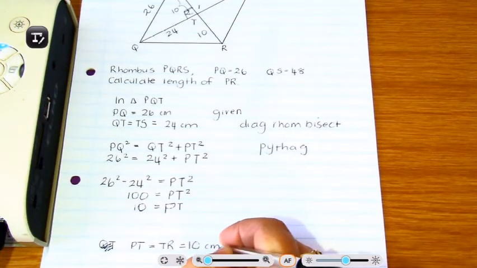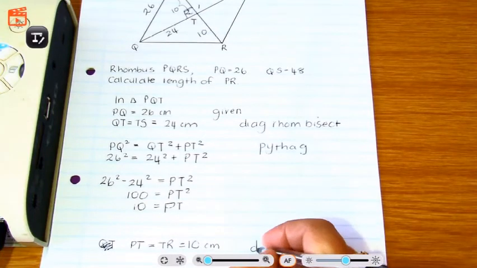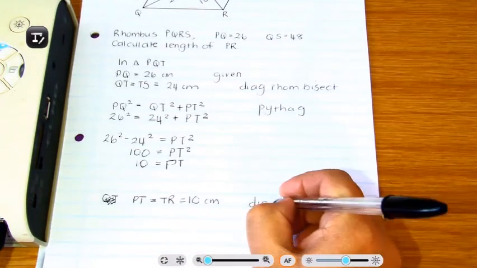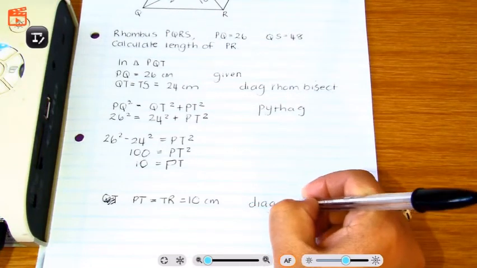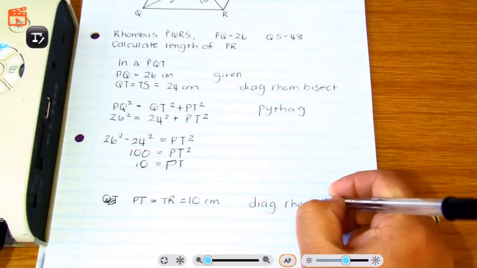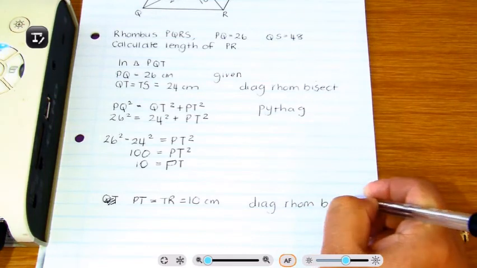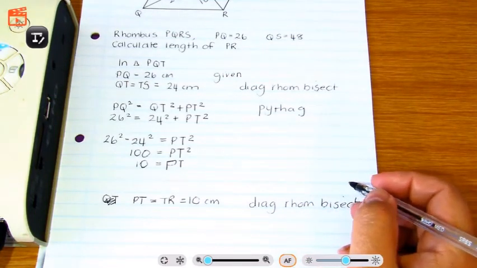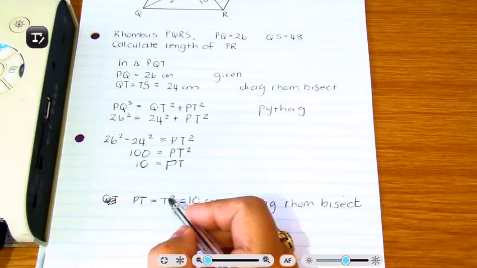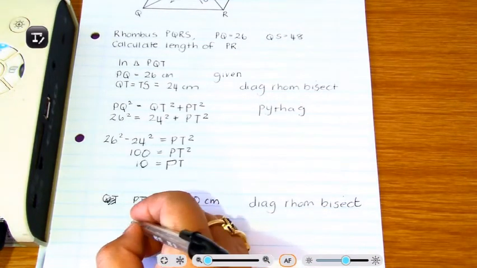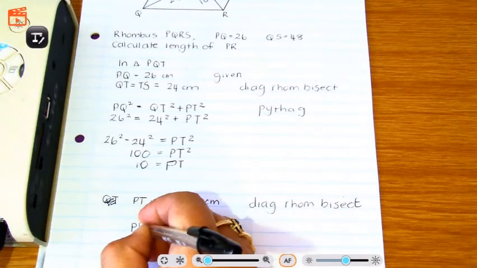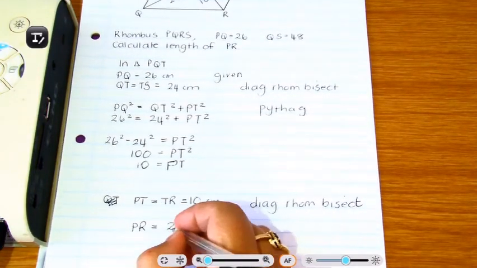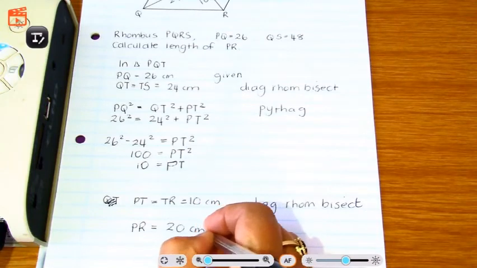The reason there would be the diagonals of a rhombus bisect each other. And from there, the question asks us to calculate PR, so you can see that PT plus TR is equal to PR, which is equal to 10 plus 10, which is 20 centimeters.